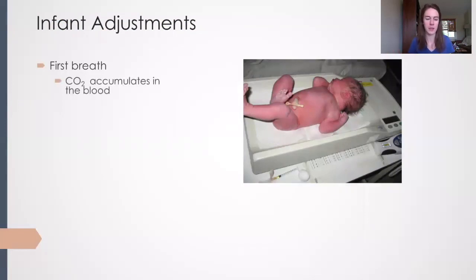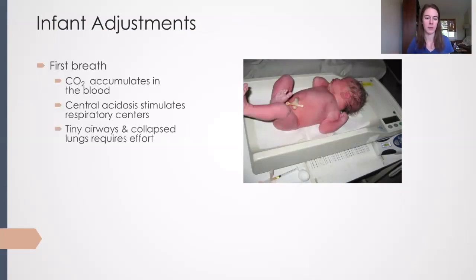I always think of somebody that has had a pneumothorax, a punctured lung, and how painful that is for them. Definitely not a treat for a baby either. But CO2 starts to accumulate because it cannot get rid of it through the umbilical cord anymore. So that acidosis triggers respiratory centers in the brain to trigger that first breath to be taken.